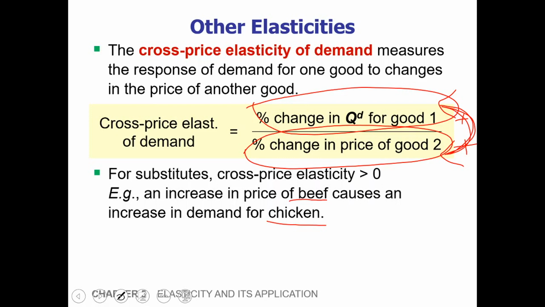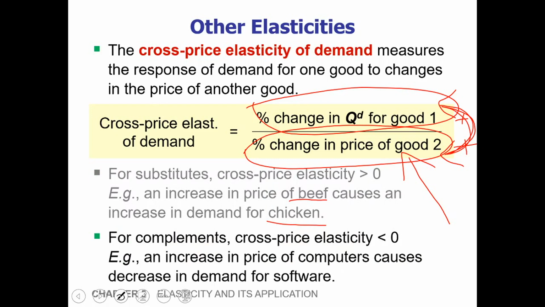People will most likely substitute beef with chicken because they are close substitutes. People can eat both, and both are meat. If the price of one increases, then people will go for another type of meat. So both relationships are positive: if the percentage change in price of good 2 increases, then the percentage change in demand for good 1 will also increase. So cross price elasticity of demand for substitutes is always positive.